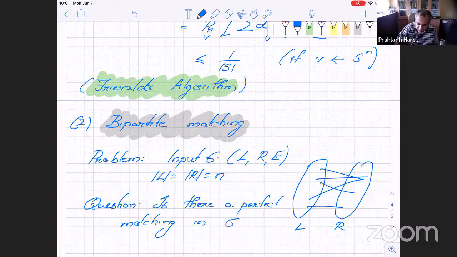The input is this graph G. So what's a perfect matching? I want a subset of the edges so that every vertex on the left side is mapped to a vertex on the right, and it should be one-to-one. It should be a bijection.